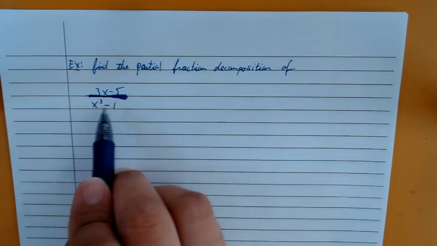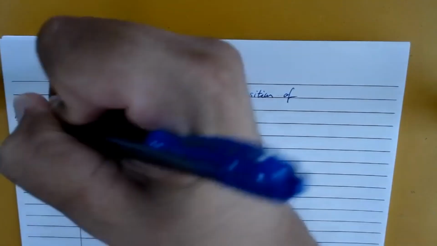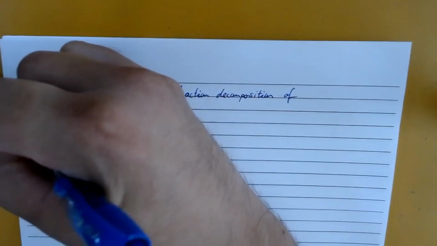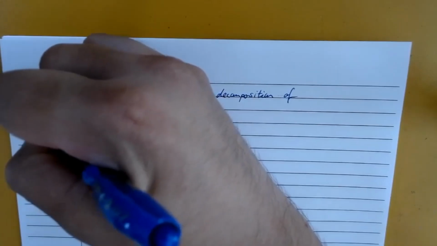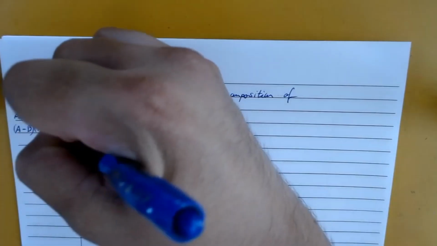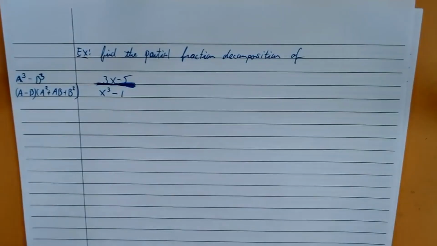All right, so here, that's the difference of cubes. Recall that if you have something like a cubed minus b cubed, that factors as a minus b times a squared plus ab plus b squared. And that's precisely what we have here.